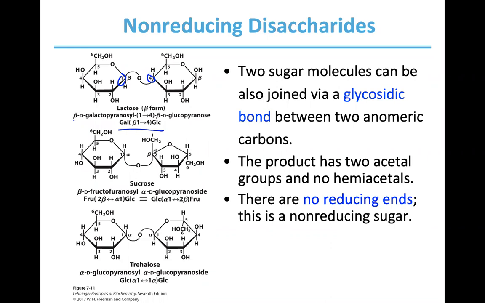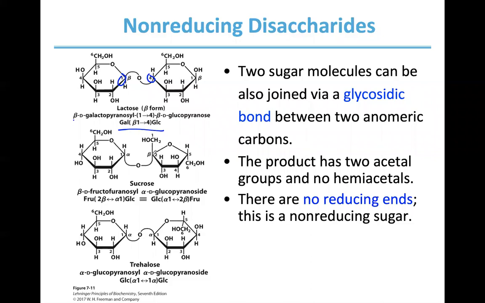Now, how do you tell if it's a numeric position or not? Obviously you can convert this into the open form of fructose and find that ketone and find carbon 2, right? Alternatively, the way I do it is, let's say I look at this carbon and I see that it is bonded to two oxygens, this oxygen and this oxygen.